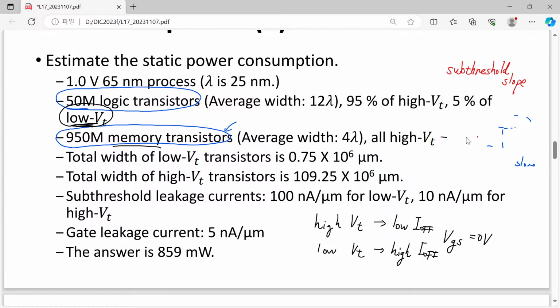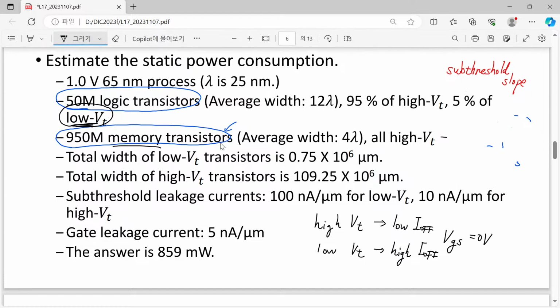Now we can easily calculate the total width of our transistors. For the low VT transistors, how many transistors are there? There are 50 million logic transistors. However, only 5% of them have low VT.